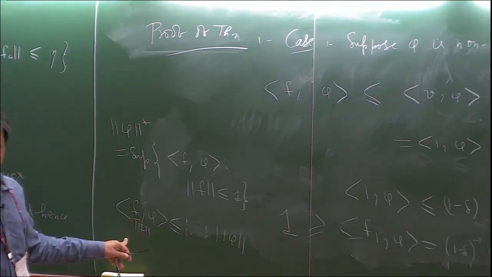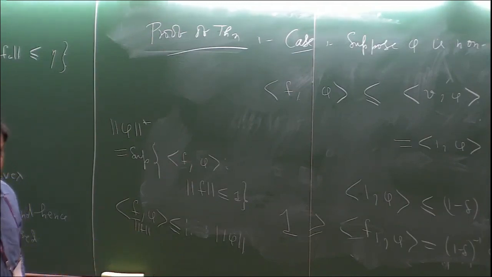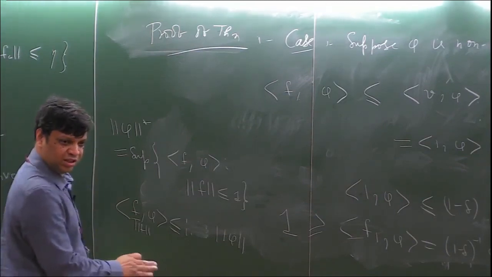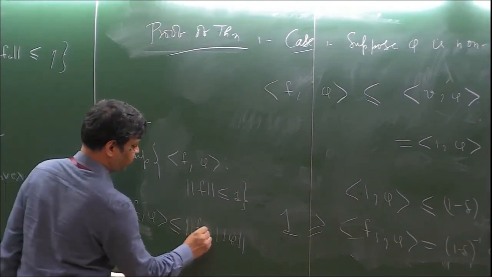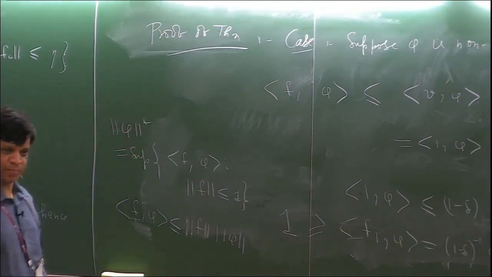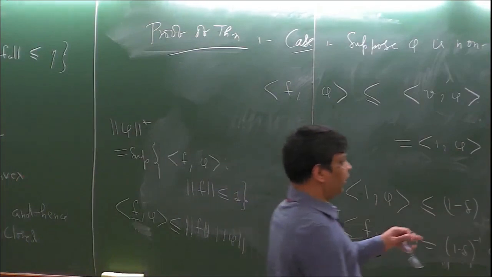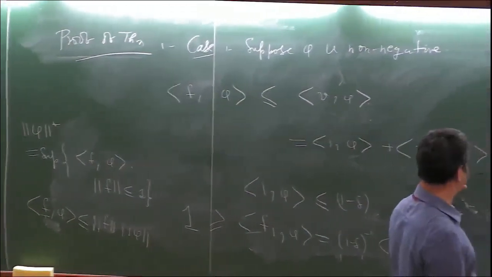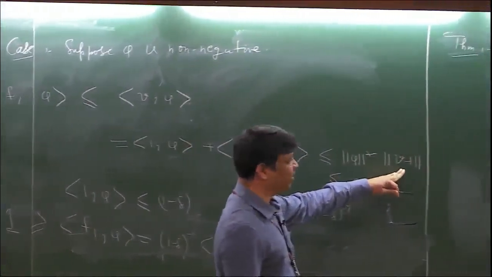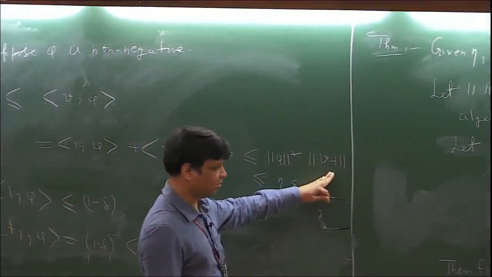So there is no Cauchy-Schwarz, it is just the definition of a dual norm. That's all. Okay? So therefore, this is less than or equal to the norm of phi star into the norm of nu minus 1.